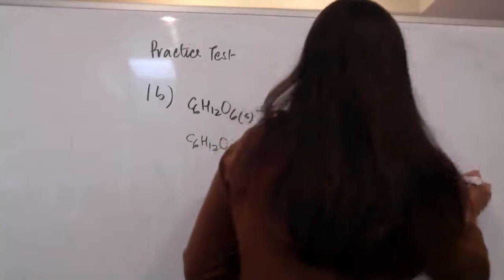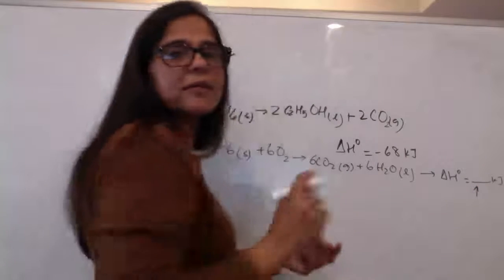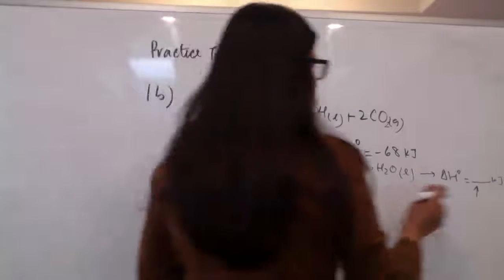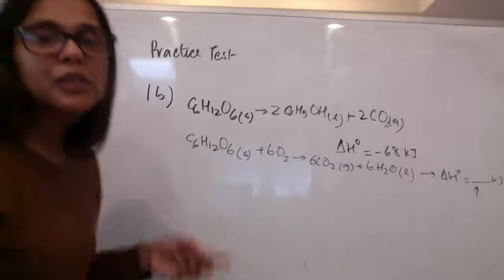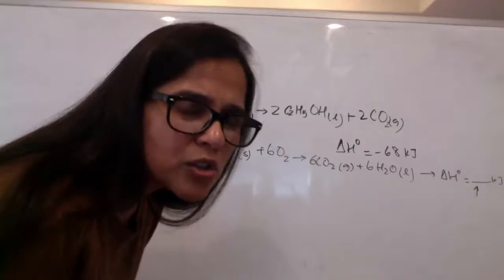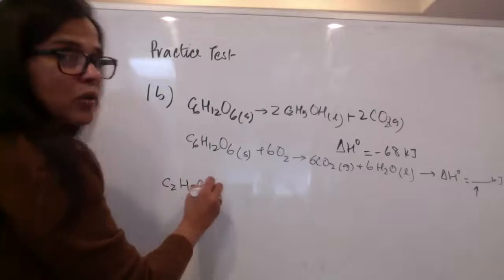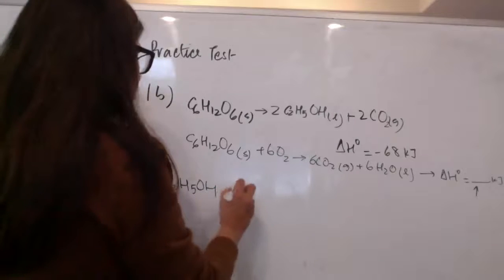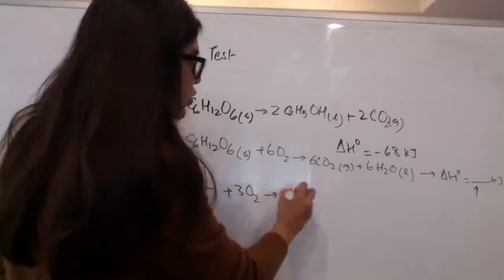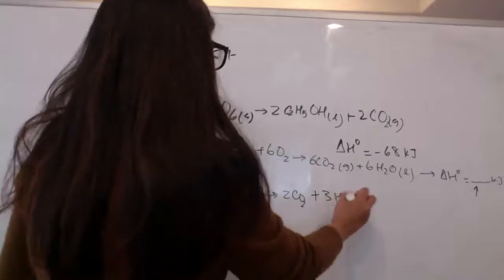You already know delta H0 of this from part A. Now they ask, using the answer, calculate delta H0. So your desired equation is C2H5OH plus 3O2 gives you 2CO2 plus 3H2O.